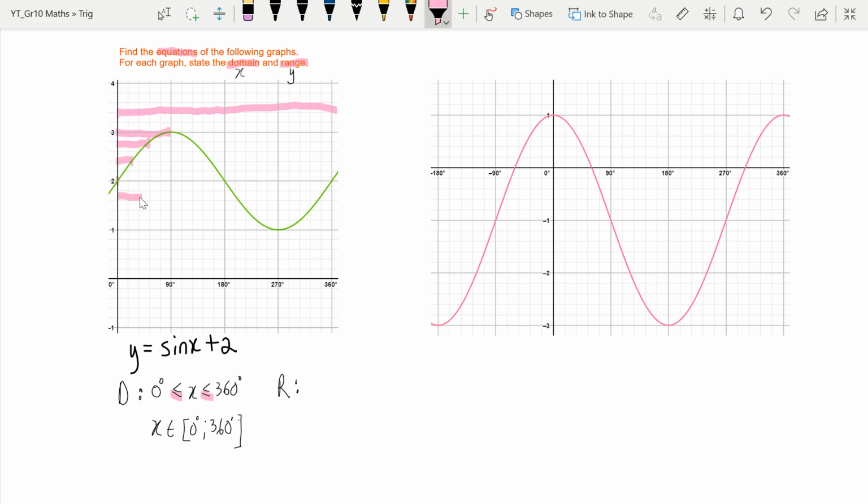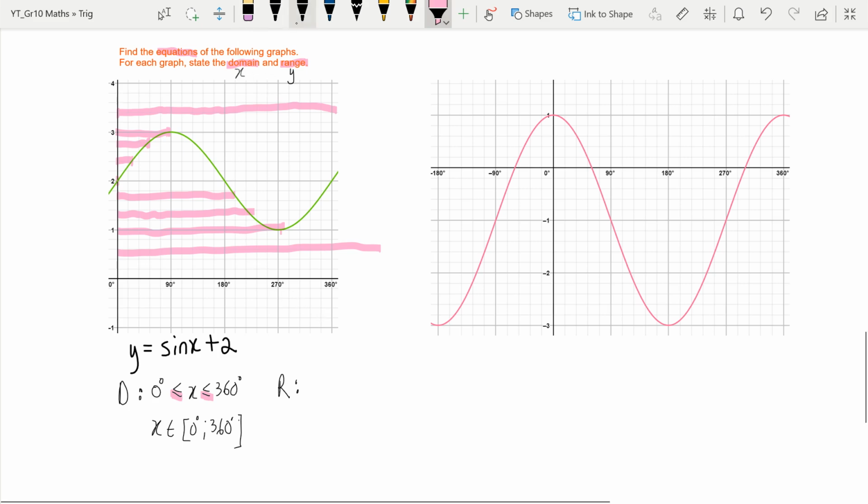Let's go down a bit. The graph exists. There's a solution for my x. Yes. No, not anymore. So my range is from where to where? Anything above 3 doesn't exist anymore, and anything below 1 doesn't exist anymore.